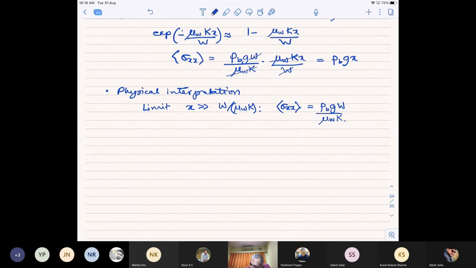Let me draw it properly. So this is the sigma axis, and because our x-axis is pointing downward, I'm going to draw it like that.